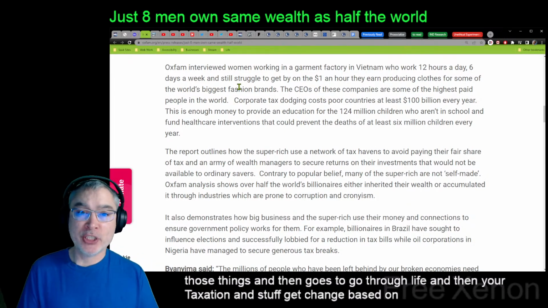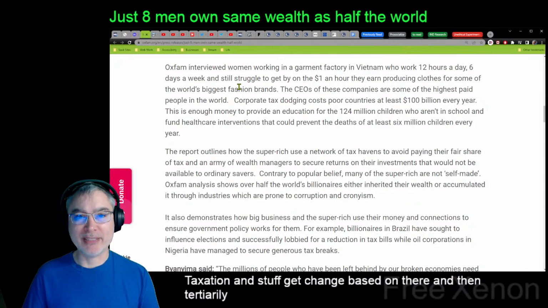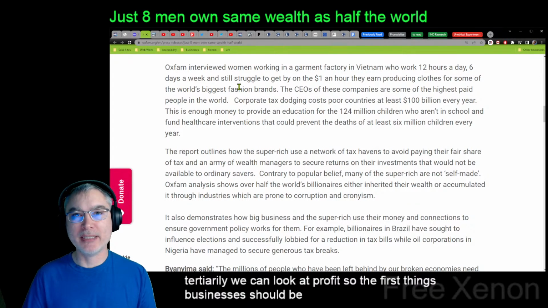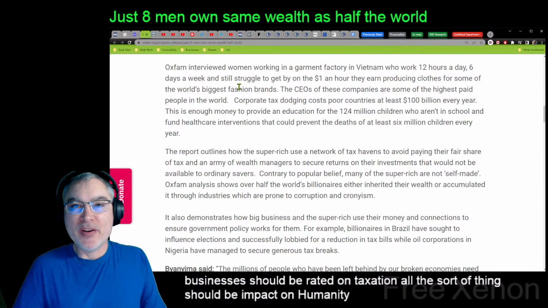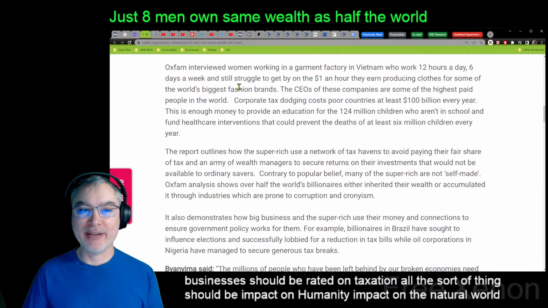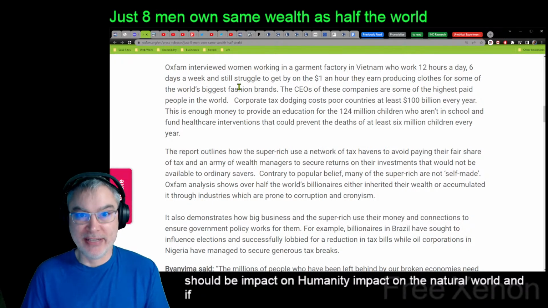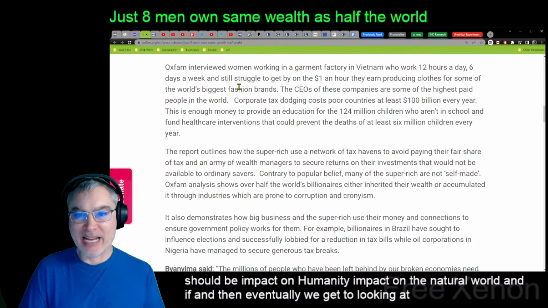And then tertiarily, we can look at profit. So the first things businesses should be rated on for taxation should be impact on humanity and impact on the natural world. And then eventually we get to looking at profit and economics.